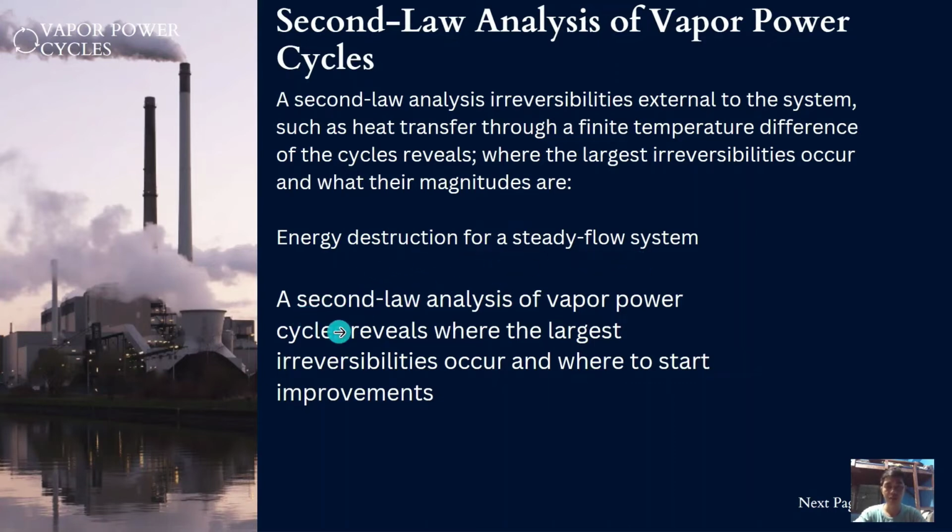So, a second law analysis of vapor power cycles reveals where the largest irreversibility occurs and where to start to improve. So, second law analysis, makita na siya dapit ang mga irreversibilities o asa siya mag-start sa pag-improve.